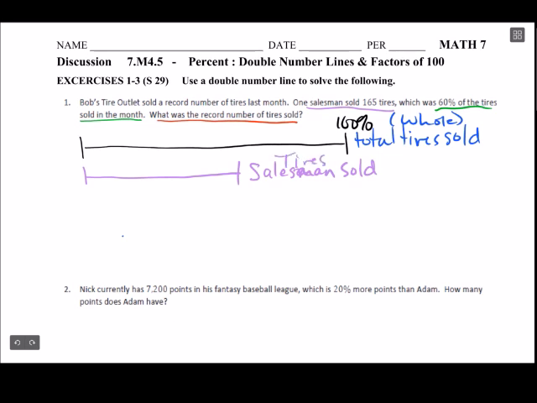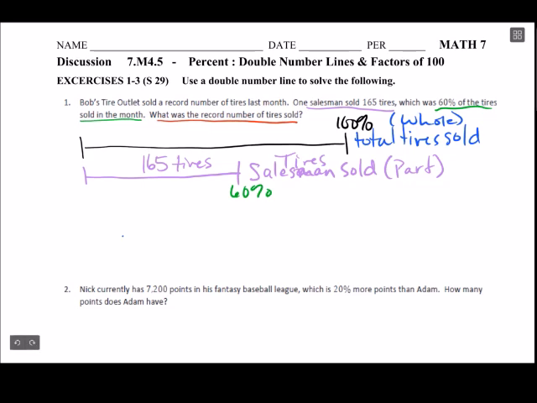We know that this is 60%, and we also know that this is 165 tires. So we can see here that our part is 60% of our total.